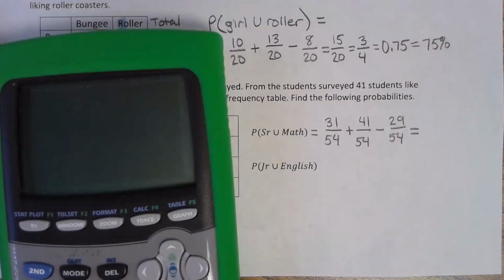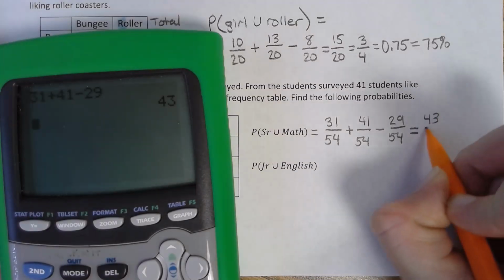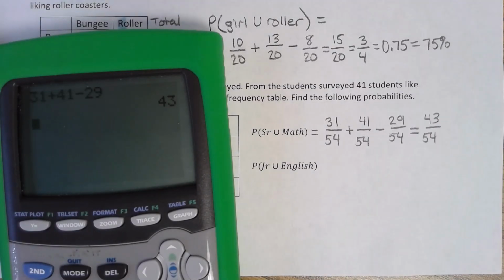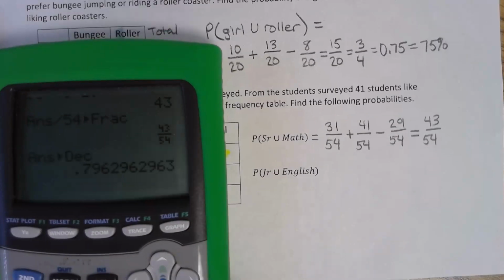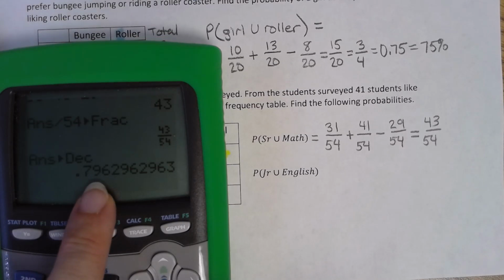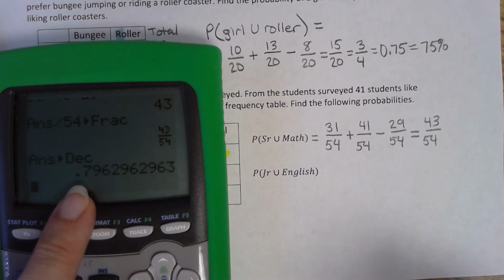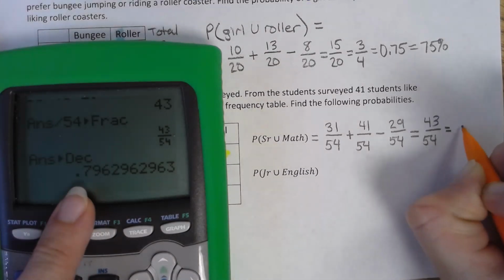So we can calculate 31 plus 41. Take away those 29. We have 43 out of 54. Pretty certain that does not reduce. Math decimal. If we're rounding to the nearest hundredths place, the 6 would make that round up, but because it's a 9, it actually makes this round also here in the tenths place.